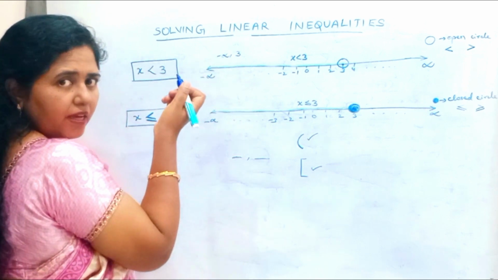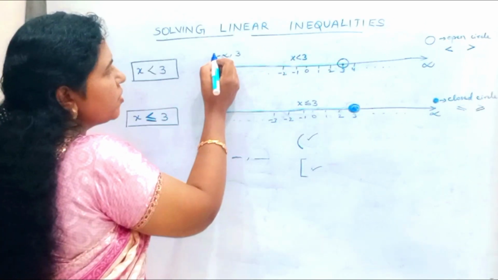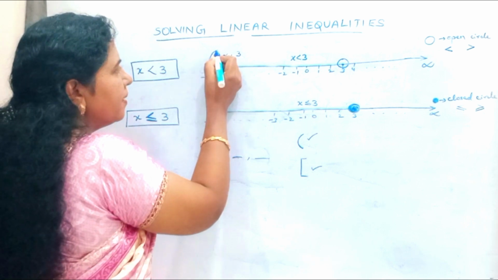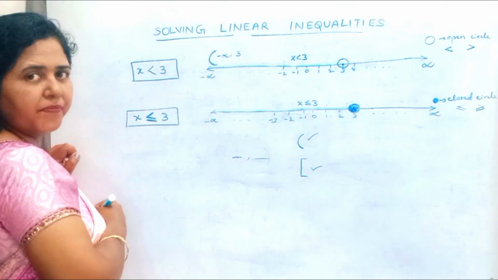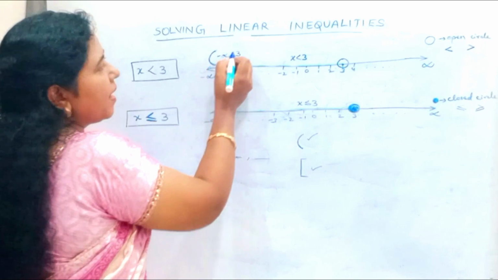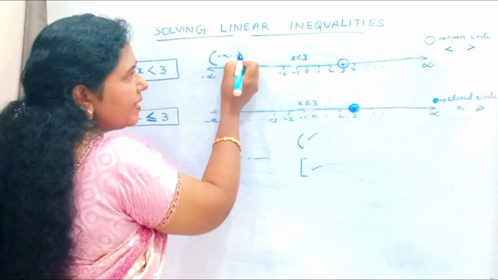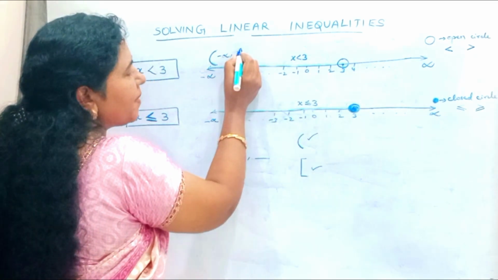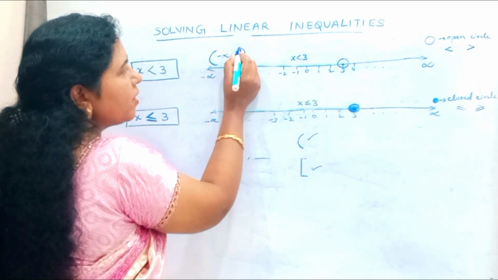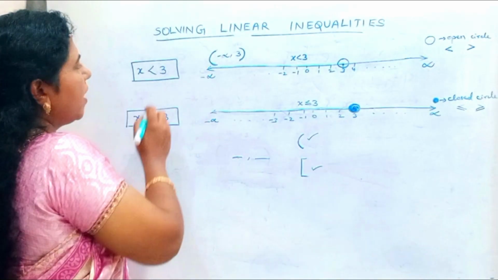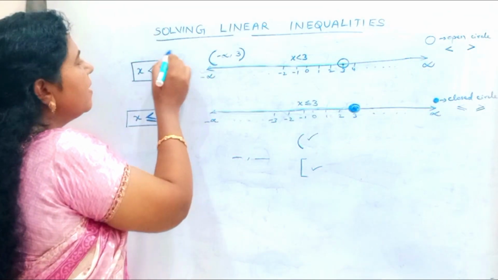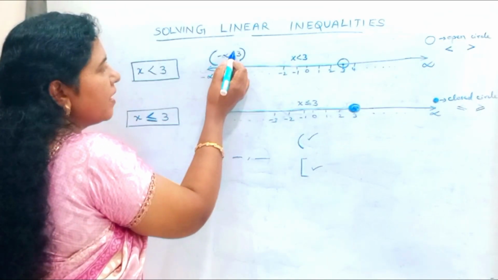We don't know anything about the value, about the range. So here we have to use a parenthesis. And coming to this value, 3, it is also not included. So when a particular value is not included, we have to use parenthesis. So the interval notation for this relation is minus infinity, comma 3.